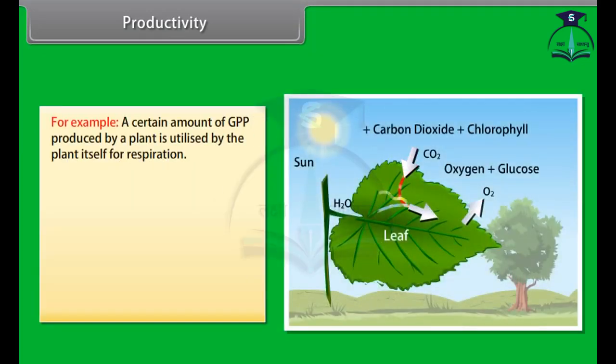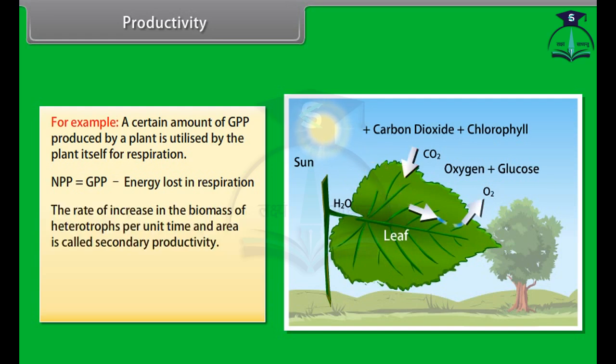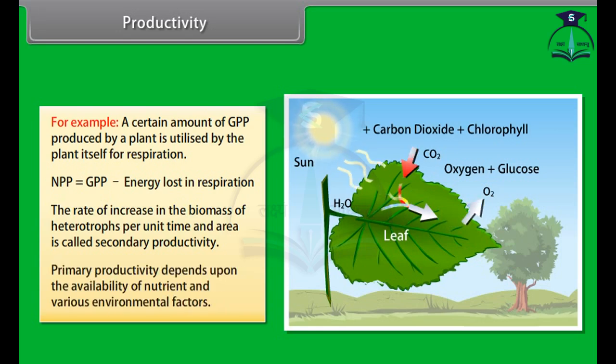For example, a certain amount of GPP produced by a plant is utilized by the plant itself for respiration. NPP is equal to GPP minus energy lost in respiration. The rate of increase in the biomass of heterotrophs per unit time and area is called secondary productivity. Primary productivity depends upon the availability of nutrient and various environmental factors.